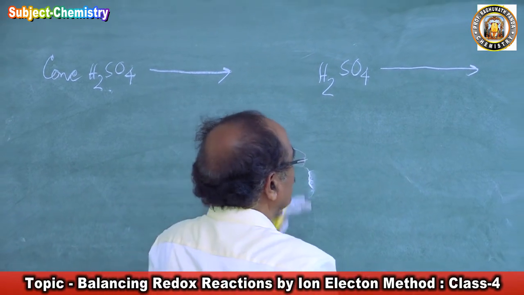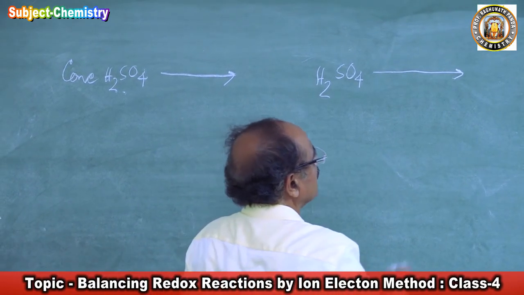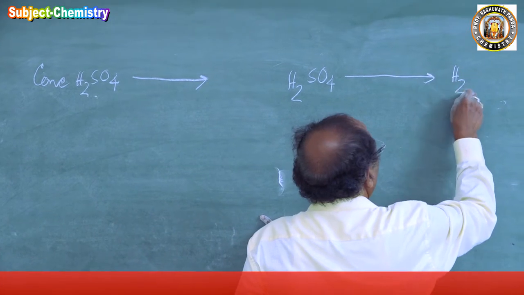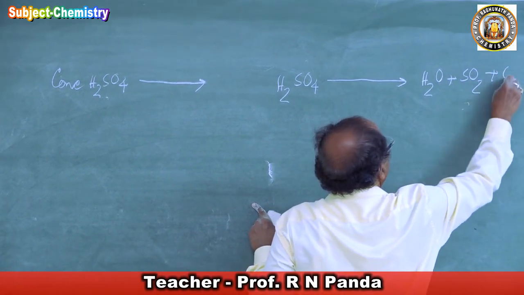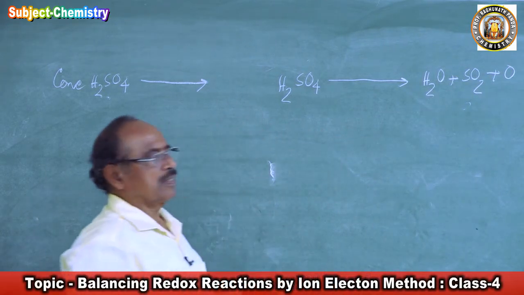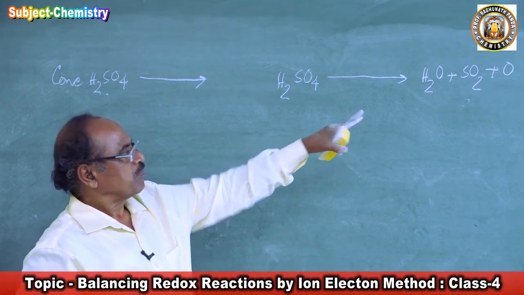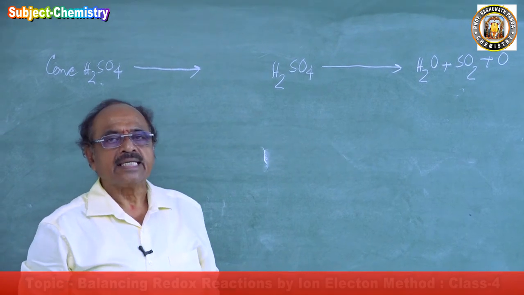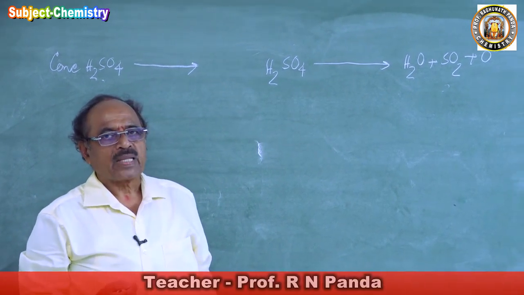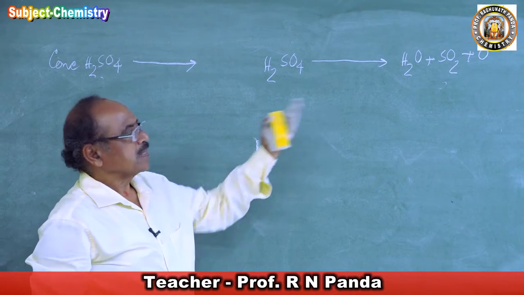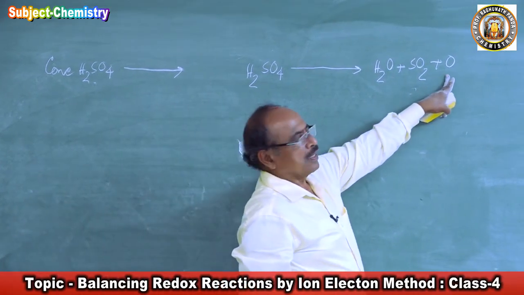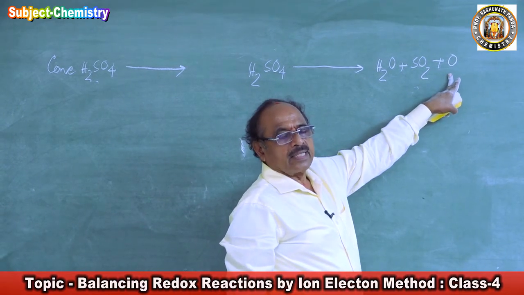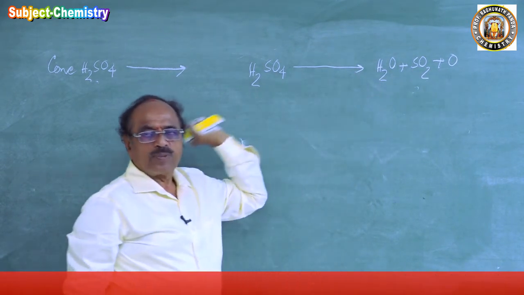So this decomposes in presence of a reducing agent to form H2O plus SO2 plus O. So it is producing one nascent oxygen. Hence it is an oxidizing agent and liberates sulfur dioxide. So this oxygen carries out the oxidation reaction and makes it an oxidizing agent.